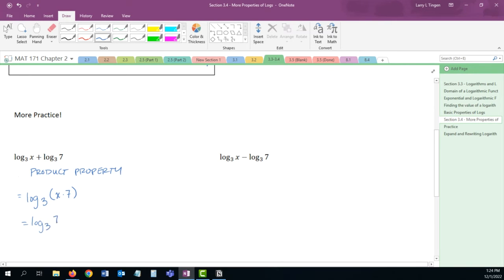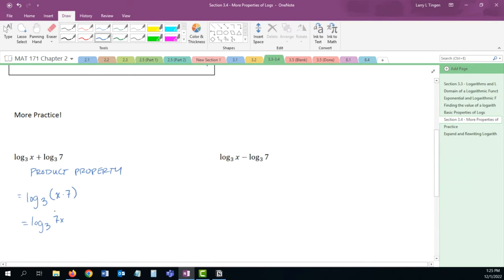Log base 3 of 7x. Then I just rearrange it because you're used to seeing the coefficient first and then the variable second.